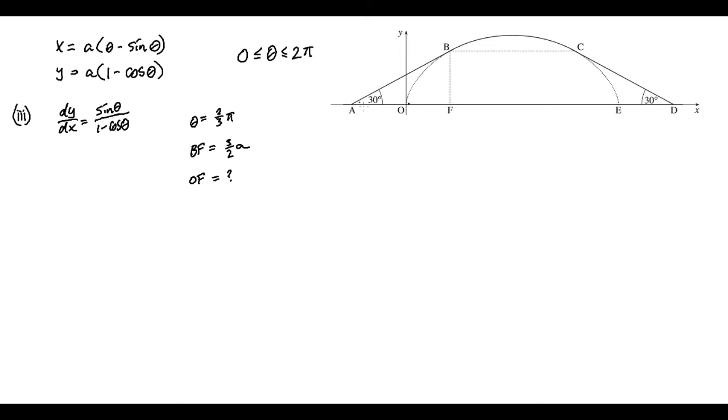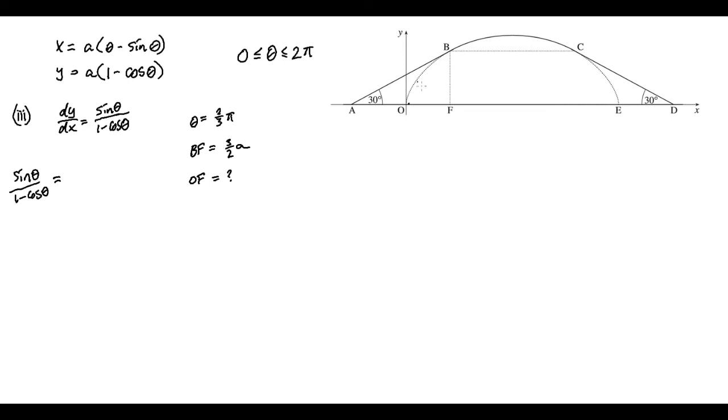So right here, all that information given to you in that passage is basically that AB is the tangent of the curve at B, and therefore the gradient of AB is dy by dx, which is this expression. So sine theta over 1 minus cos theta is equal to the gradient of that.